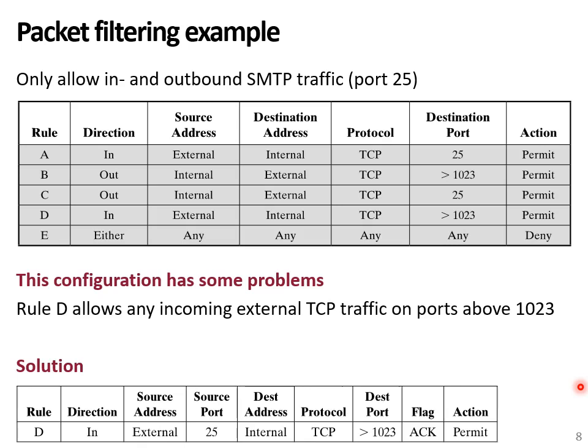Obviously, this would not stop an attacker from running another service on TCP port 25, but we also specify that only acknowledgements are allowed. So that means that only TCP traffic that serves as an acknowledgement to another TCP packet that was sent before can come into the network now.